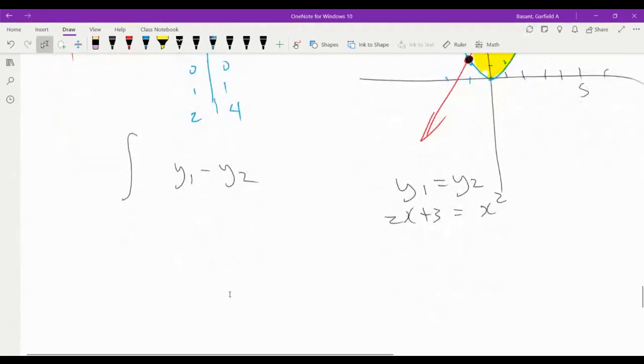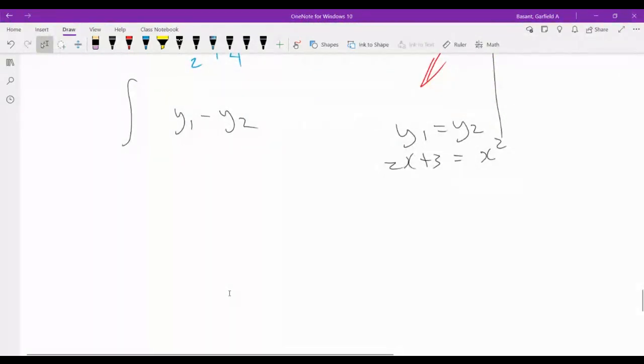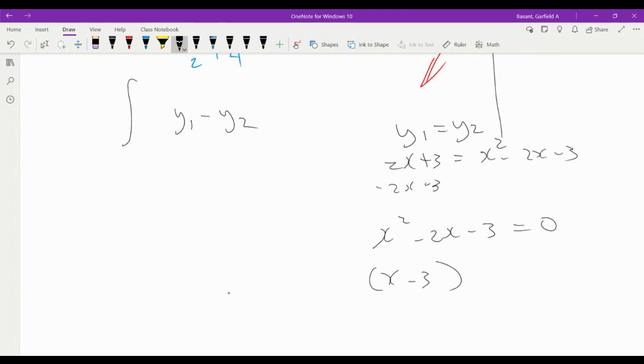Now, how do we solve this? Well, we're going to bring over everything. It's a little more algebra than you would like, but it is what it is. Equal to 0. Now we're going to factor it. So it's (x minus 3)(x plus 1) is equal to 0.